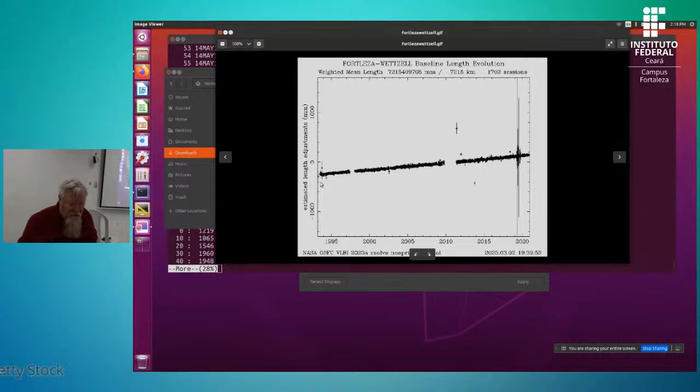And the scale here is almost 30 years, from the beginning of Fortaleza to the current time. And over this period of time, the length changed by 200 millimeters, something like that. Now, the reason I plot length instead of components is that baseline length doesn't change depending on the Earth orientation. It's invariant. So this is Fortaleza to Westford.